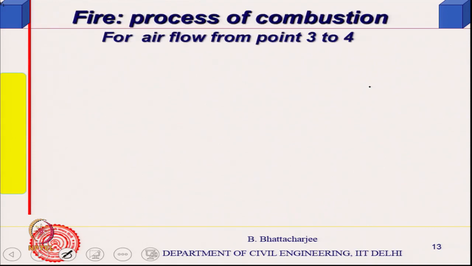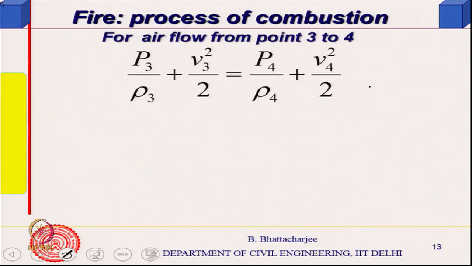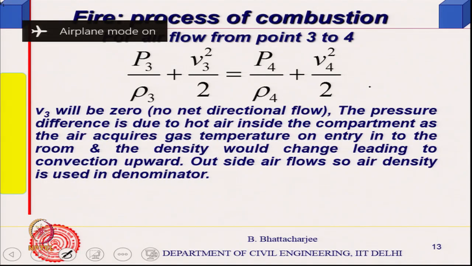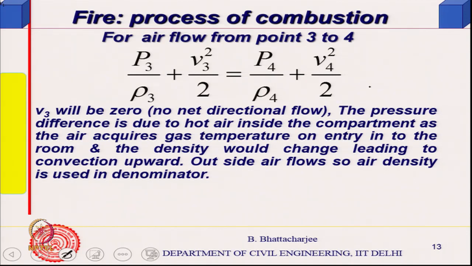Now, for 3 and 4 I will do the same thing, and V 3 will be 0, no net flow, because it is away from the room. The pressure difference is due to the hot air inside, which has a lower density, and it acquires temperature on entry into the room, and the density would change.